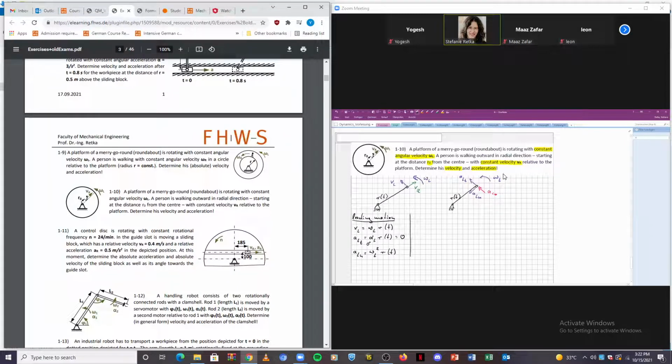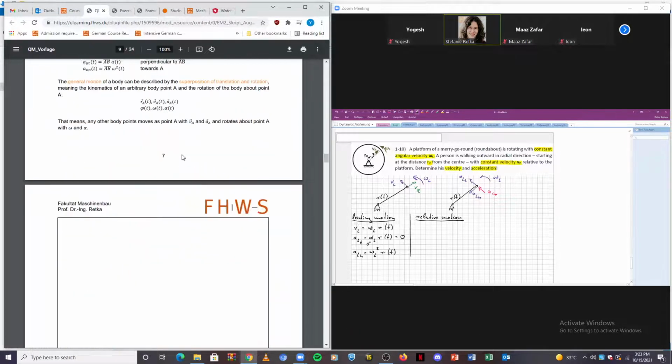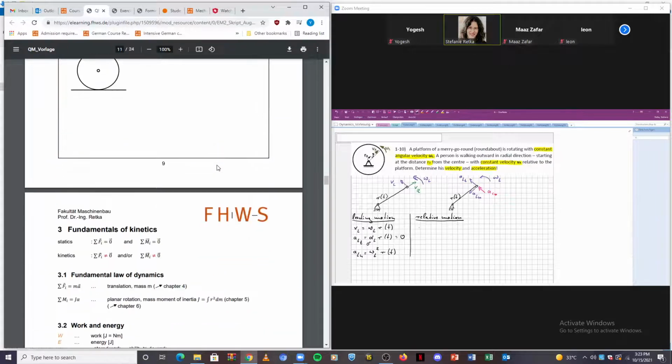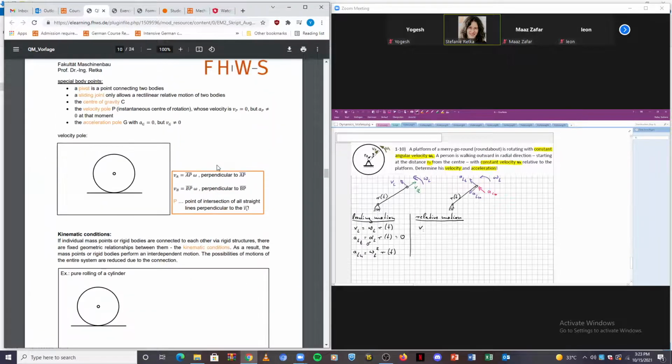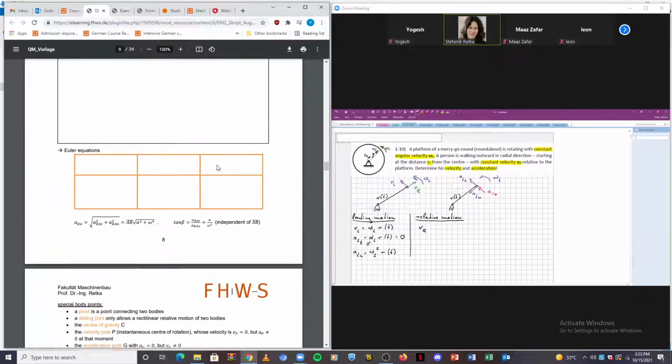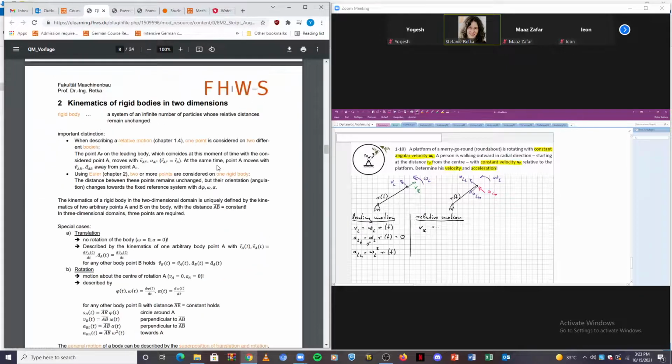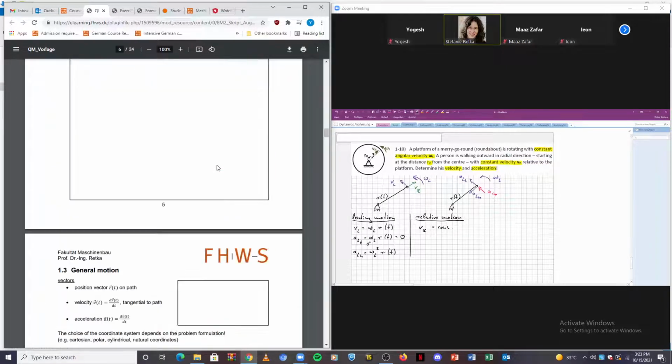Then the relative motion, our green vectors. The velocity vr is given, and it's constant. That is stated in the problem description.